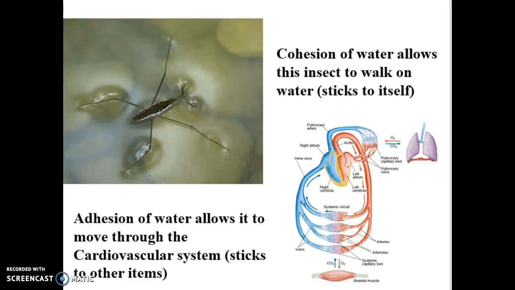Now, sticking doesn't mean it's glued on and attached, but it enables it to move in a suction action or working with gravity. So you think about drinking through a straw. As you're creating pressure on that straw, the adhesion of water helps it literally move up the side of the straw. Okay, so these are all properties of water that make water important and essential for life.